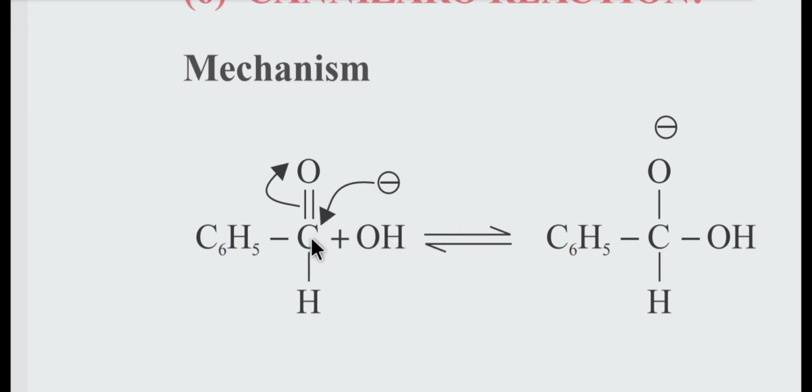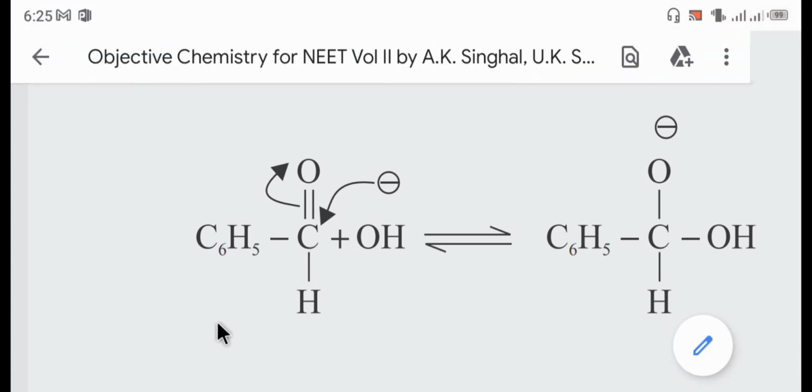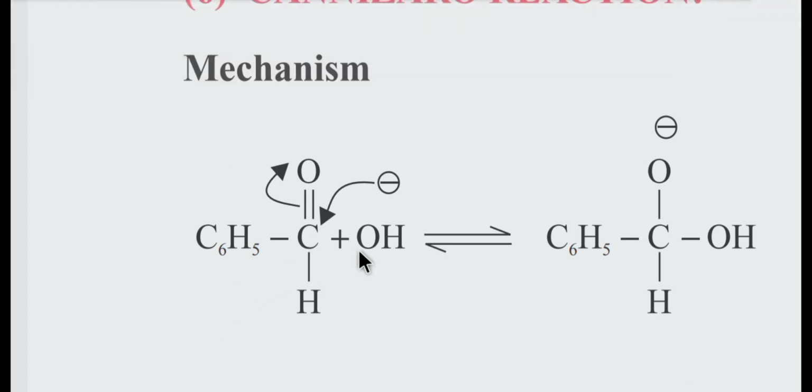on this carbon, the carbon of the aldehyde, which is also called the carbonyl carbon. Why do they attack the carbonyl carbon? Because the carbonyl carbon is electrophilic in nature.